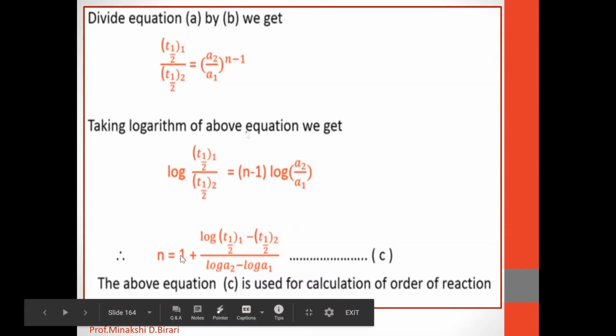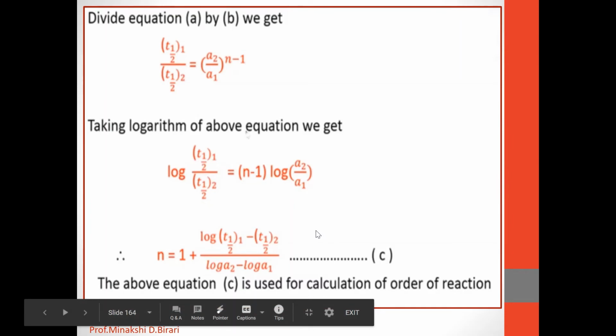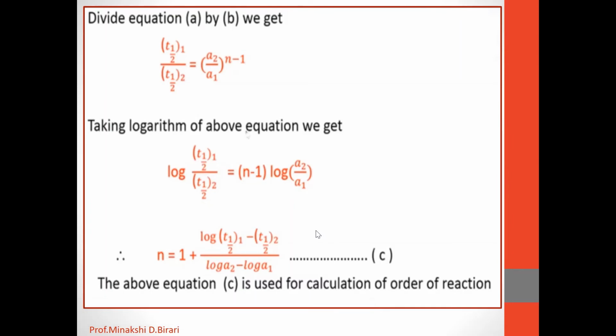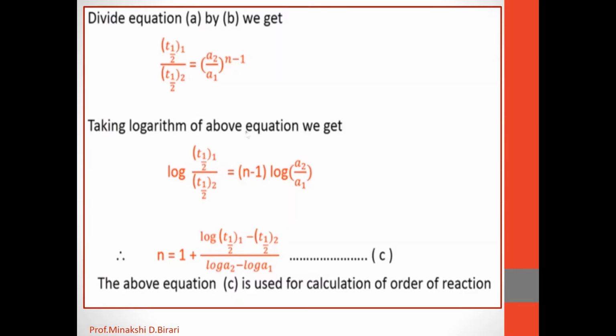Therefore, n is equal to 1 plus log of T half of 1 divided by T half of 2, divided by log A2 minus log A1. Thus, with the help of this equation, we can find out the order of reaction. If we substitute the values of A1, A2, T half of 1, T half of 2 in the above formula, then we obtain the order of the reaction, that is n.